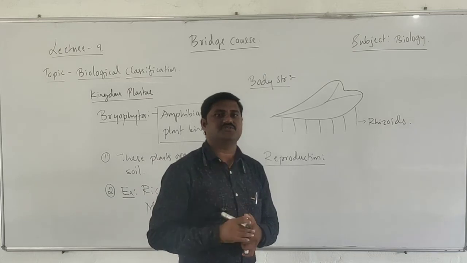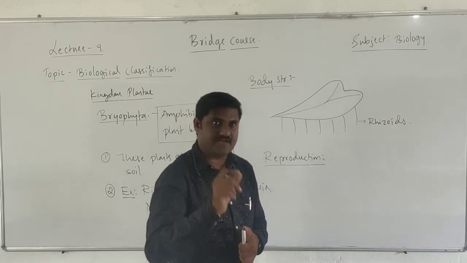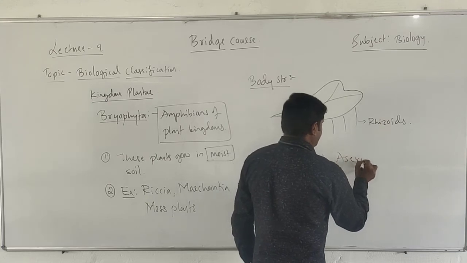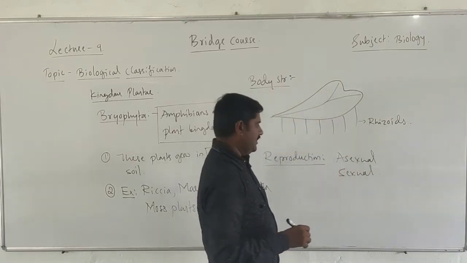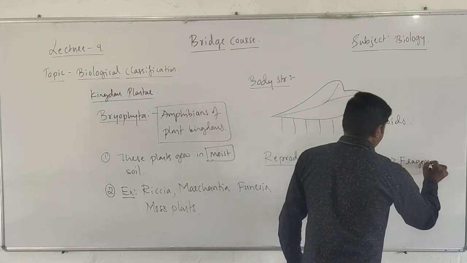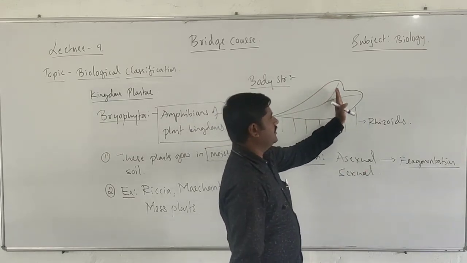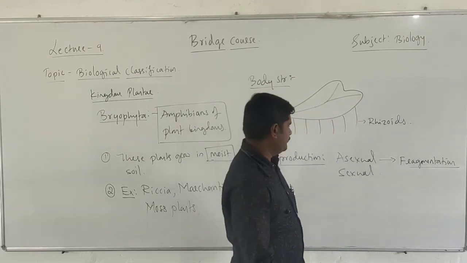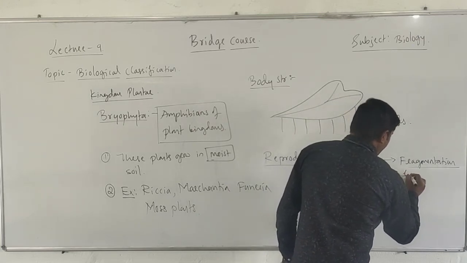It is a special structure which produces antherozoids or sperms, as they are called. Reproduction happens as asexual reproduction as well as sexual reproduction. Asexual reproduction may be vegetative or by fragmentation. Fragmentation means, if the plant body is cut, it grows as an individual plant by the fragmentation method. Right?